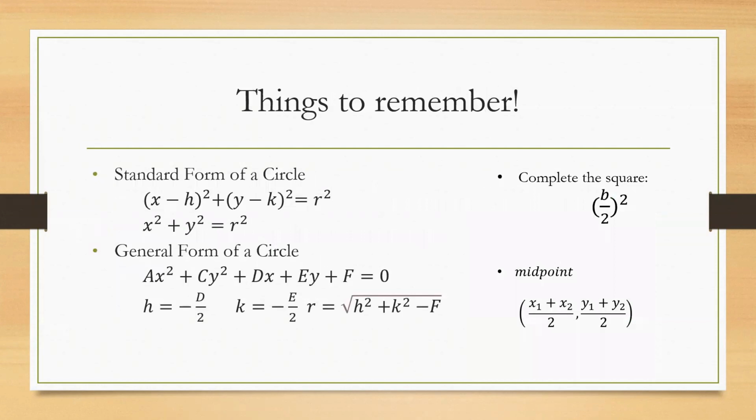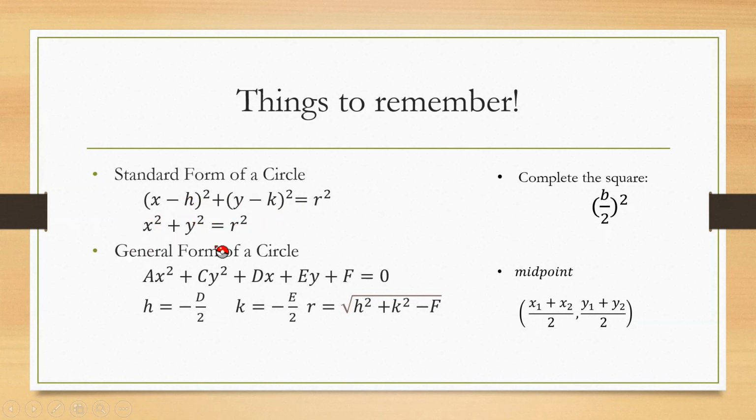Next, things to remember. When dealing with circles, we have to remember the standard forms of a circle. The first equation here is the standard form of a circle when the center is not on the origin. So that means the coordinates for the center is not 0, 0. While the second equation right here is when the center is at the origin.